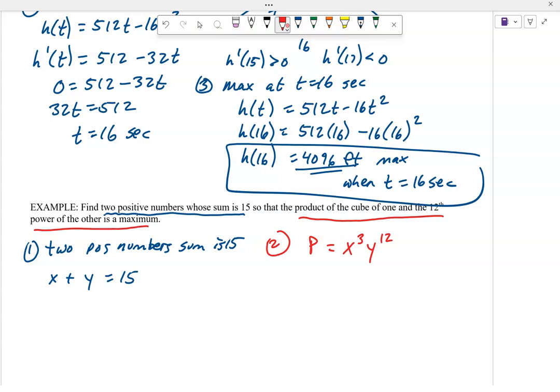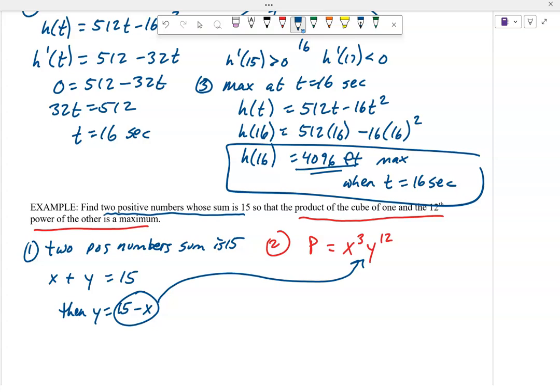Well, notice that from number 1, since x plus y equals 15, if I solve for y, y equals 15 minus x. So let's go ahead and throw that in here so we can take the derivative with respect to only x.